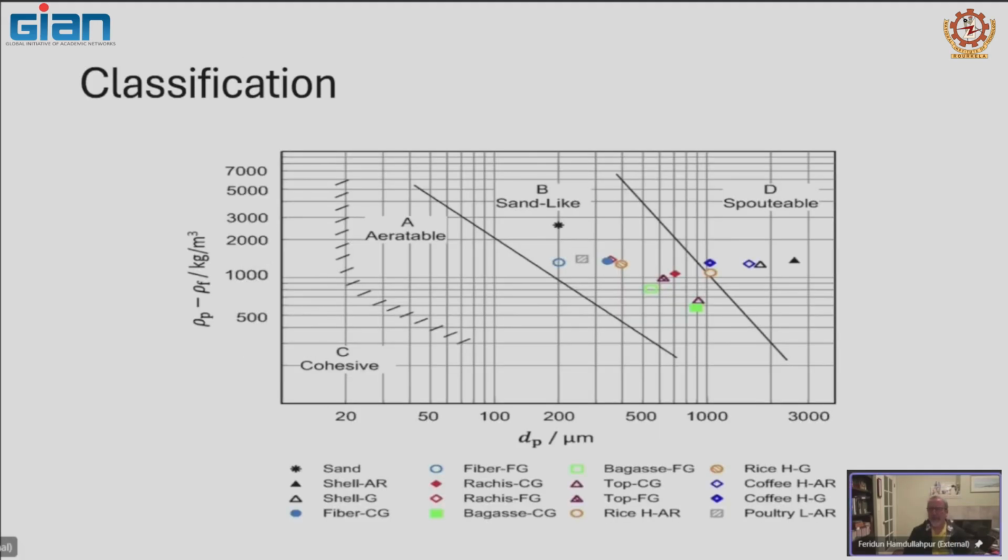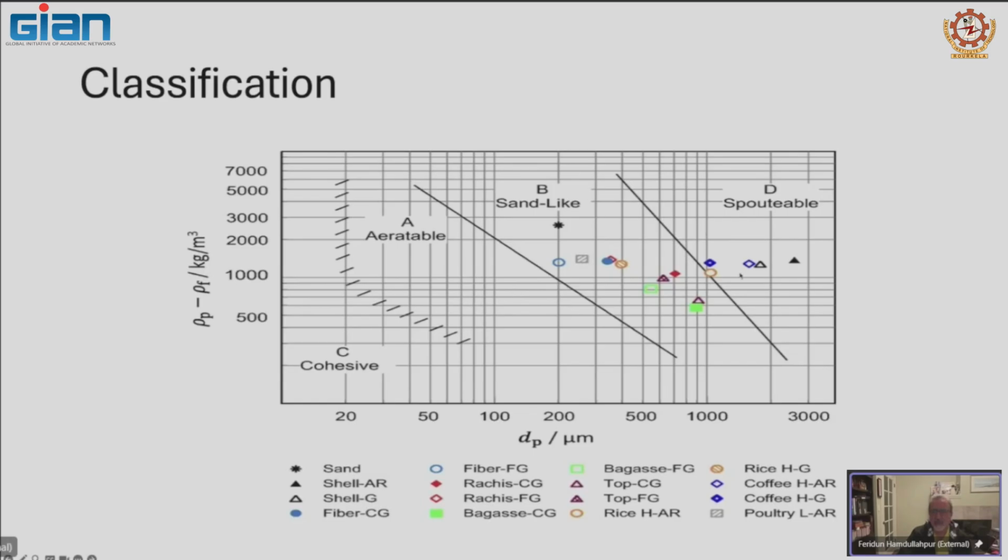Why am I saying this? I want to take you back to Geldart's classification. Here, look at the particle size in micron. We said we have mostly grain around 1,000 micron, and this is the density.